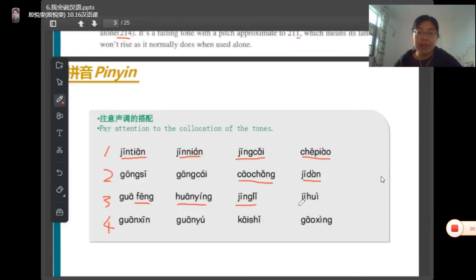经理 means manager. 机会，机会 means chance. How about good chance? How about good chance in Chinese? How can I say good?